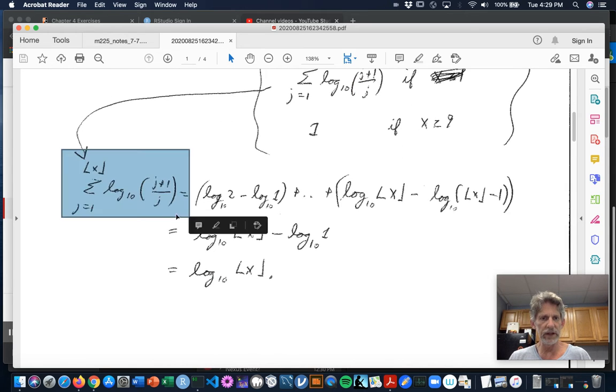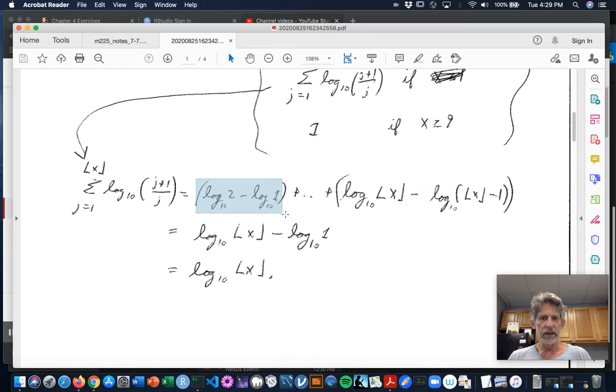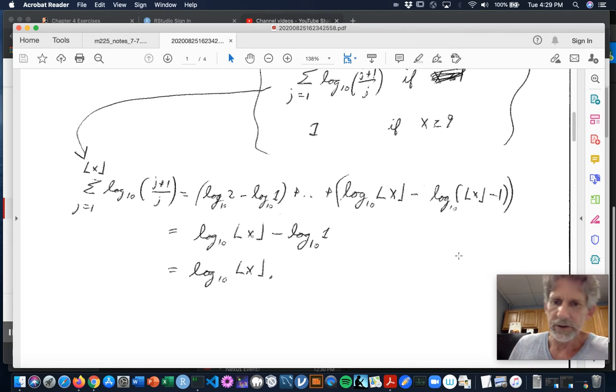Let's just come down here and let's add it up. There's the j equals 1 term. Keep on going until you get the j equals floor of x term. And actually, I have a mistake. That should be floor of x plus 1.